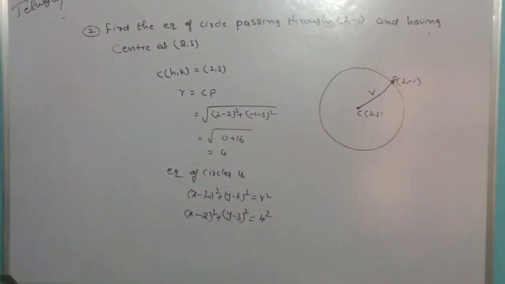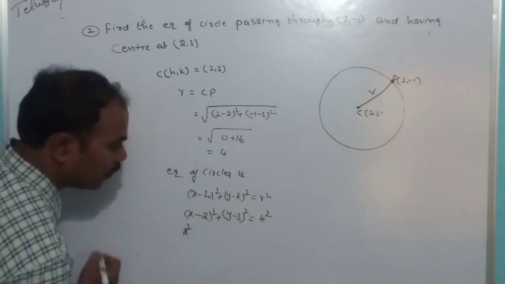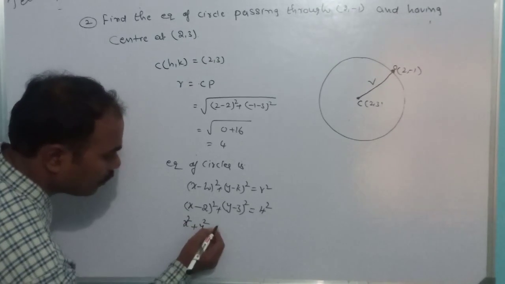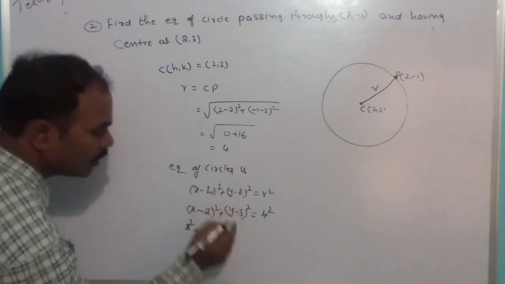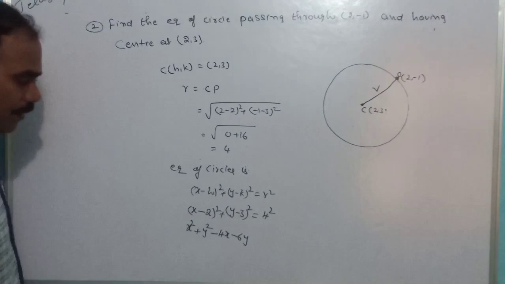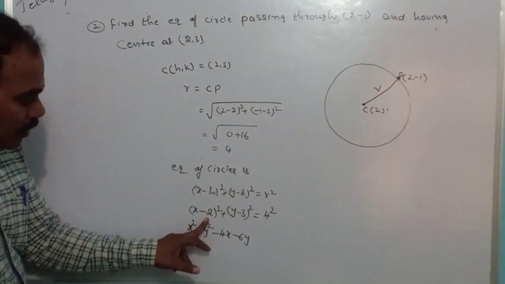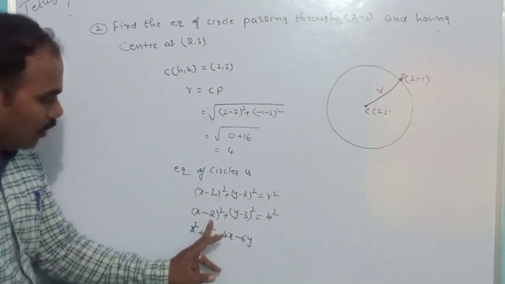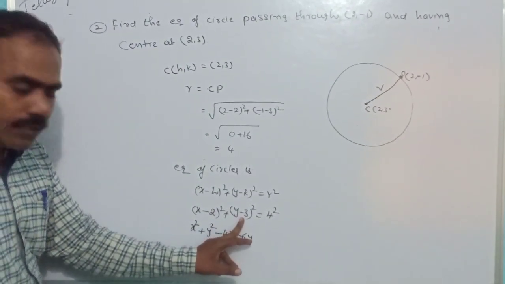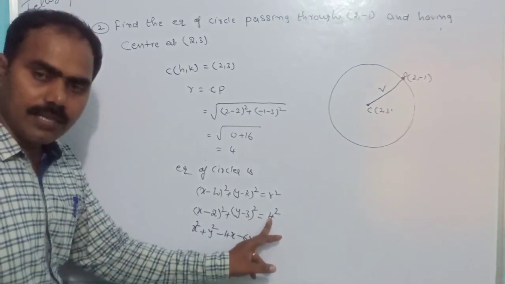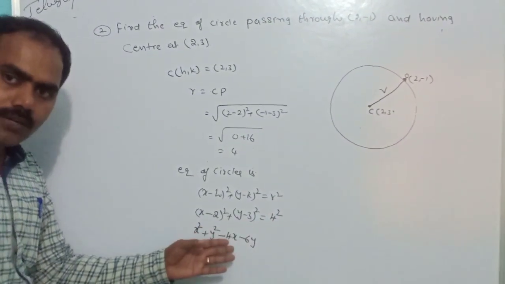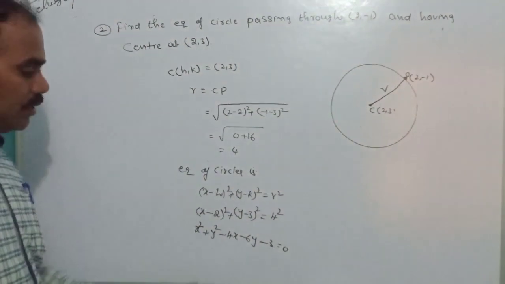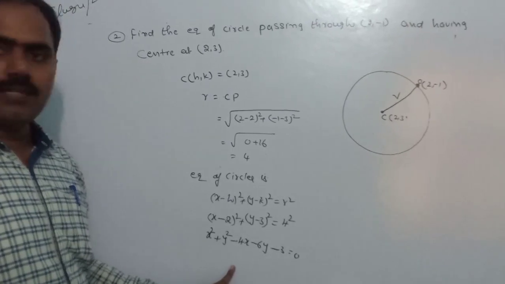Expanding this, you get x square plus y square minus 4x minus 6y. In this expansion, h square is 4 and k square is 9. 4 plus 9 is 13, and this is 16. Bringing the 16 to this side, 13 minus 16 gives minus 3 equals 0. This is the equation of the circle.